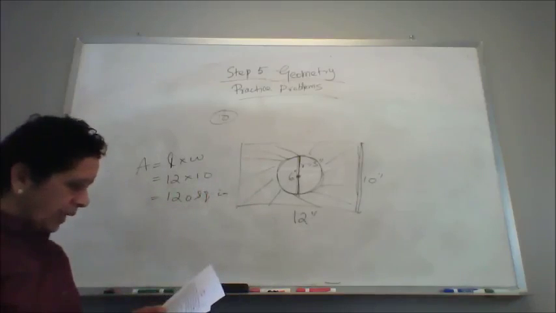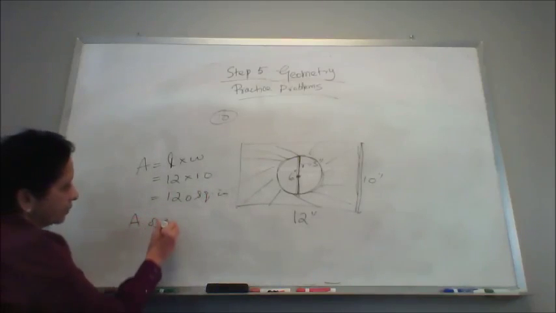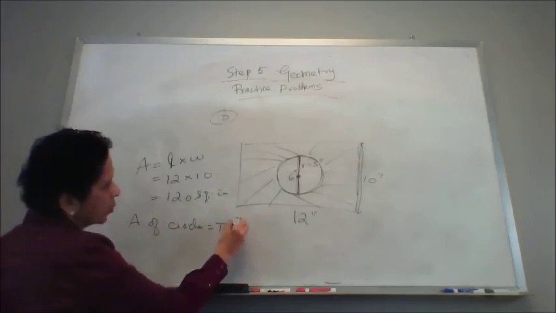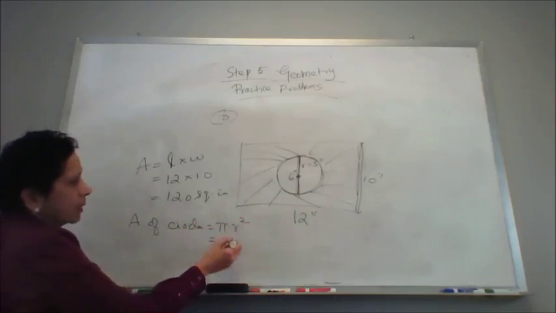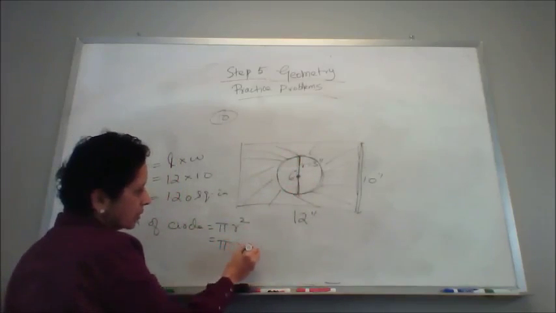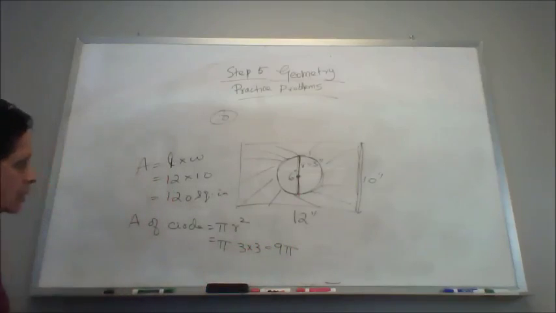Now the area of the circle is pi r squared, so it's pi, and then the radius is 3, so 3 squared, that's 3 times 3, so that's 9 pi. That's the area of the circle.